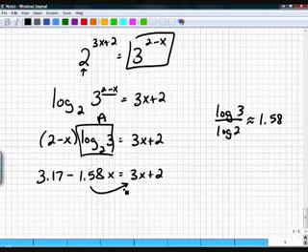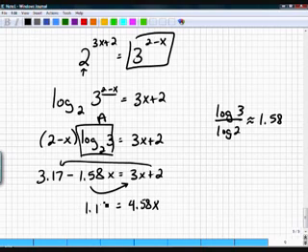Let's move our x's to the same side, and at the same time combine steps and move our 2 over here. So how many x's are we going to have? We're going to have 3 x's plus the 4.58x, and we've got to move the 2 over and do minus 2. It would be 1.17.